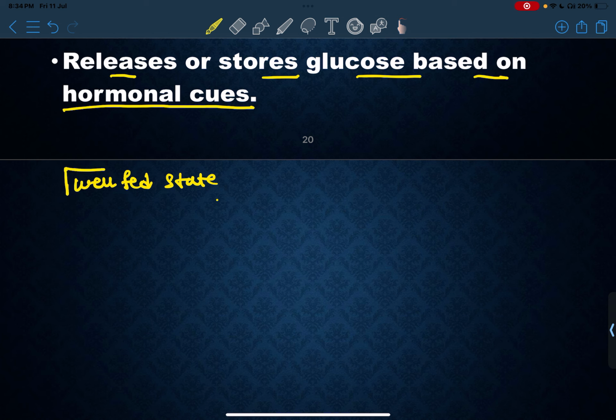We are seeing this case in the well fed state. Okay, so blood glucose is high. So very first, let's see what is happening in the liver.